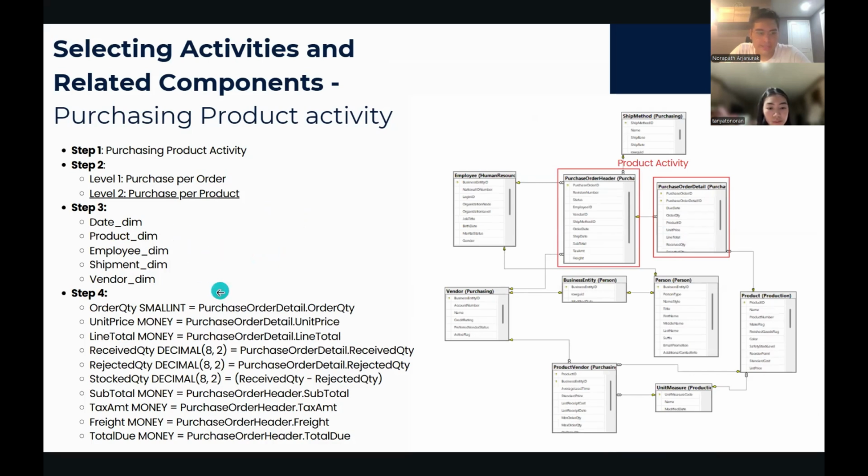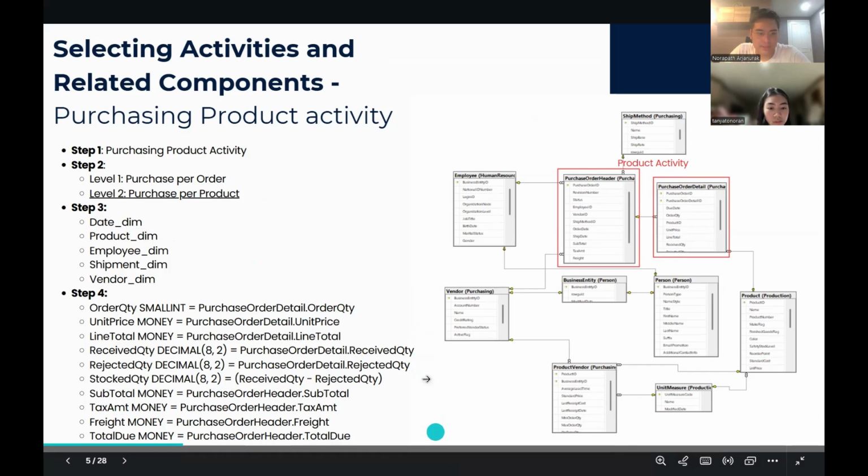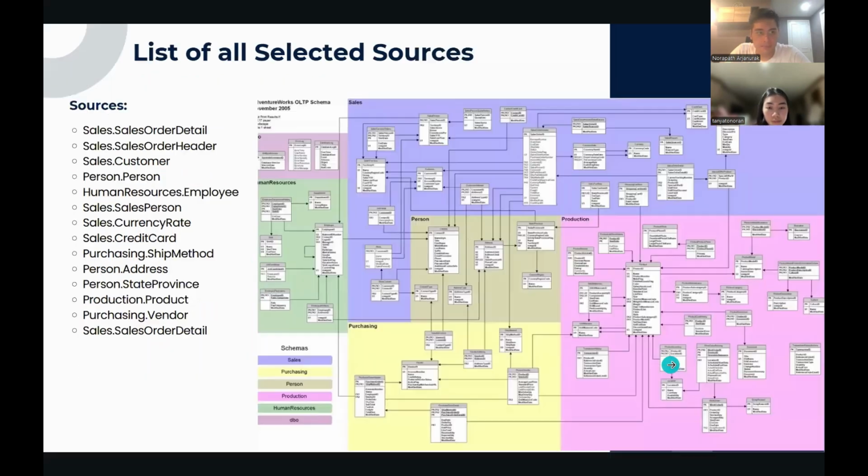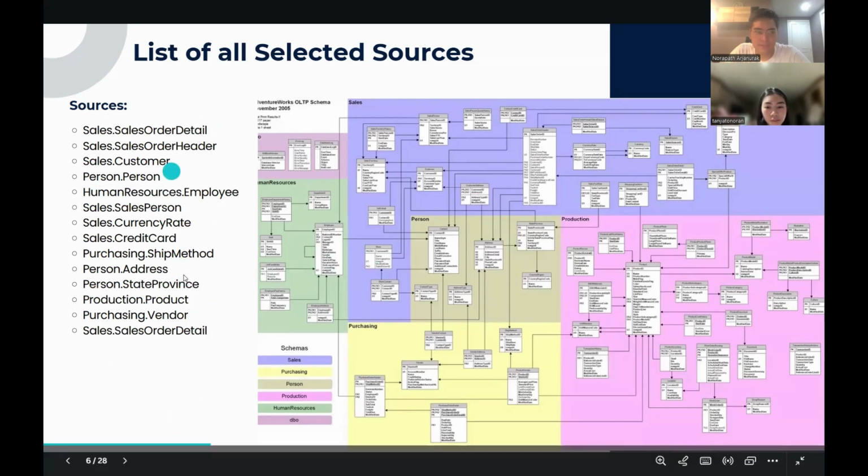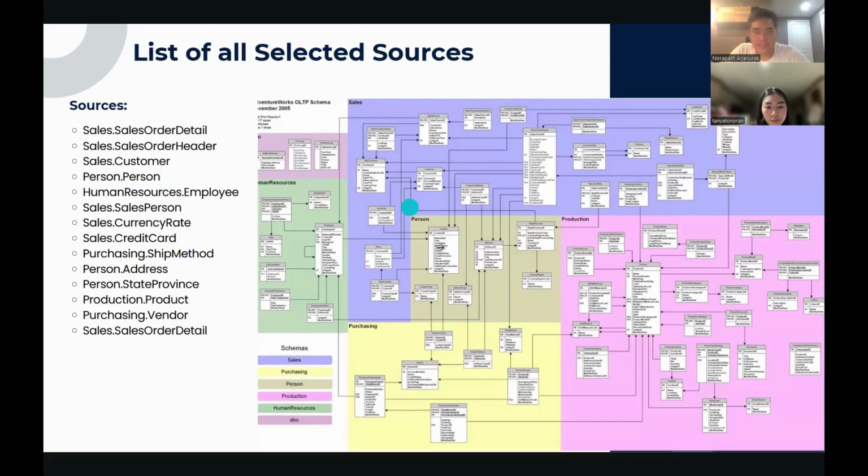And here are all of the dimensions and all of the measures that we're going to use for our analysis. And this is all the source that we use, which will be the base for the dimensions.